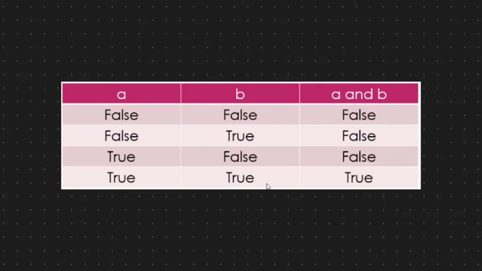Let's take the scenario of a job interview. Okay, so you want to go for a job interview, and in the vacancy you saw that there are two requirements. One is that you must be less than 25.